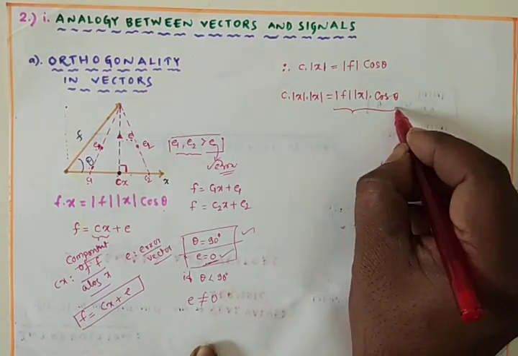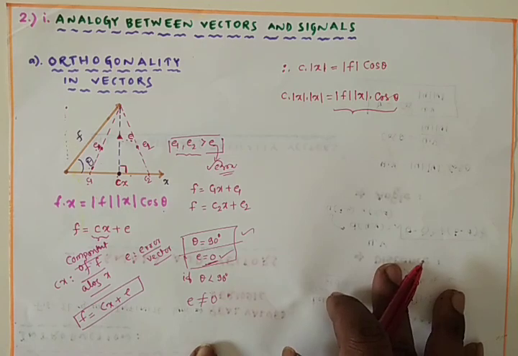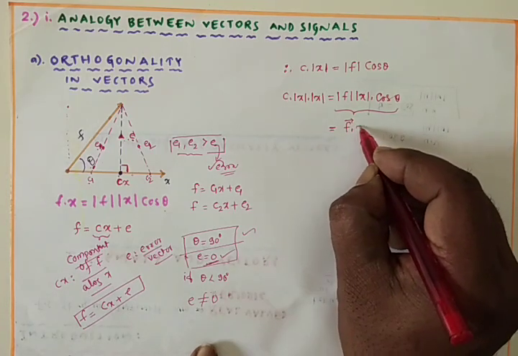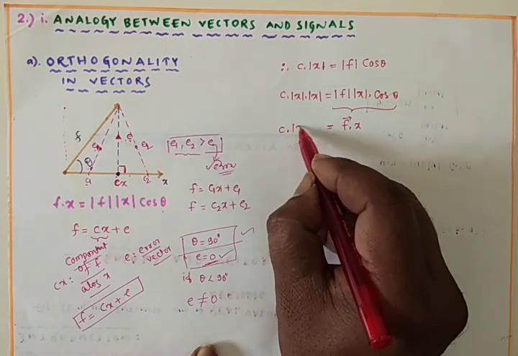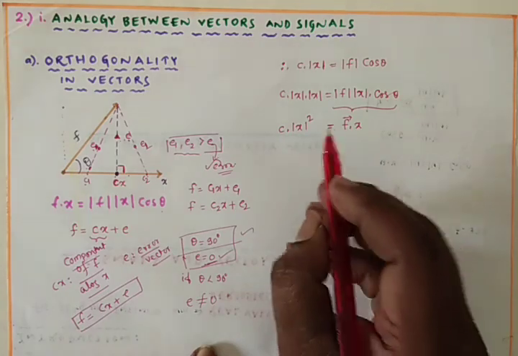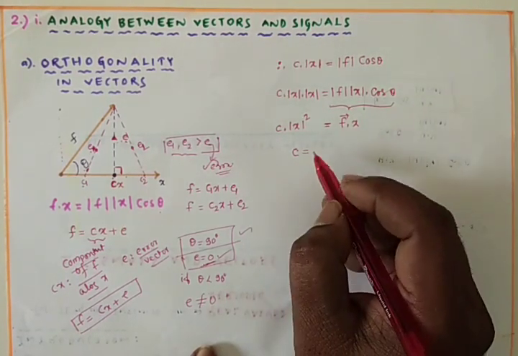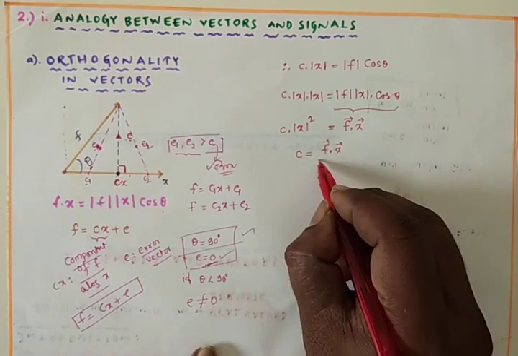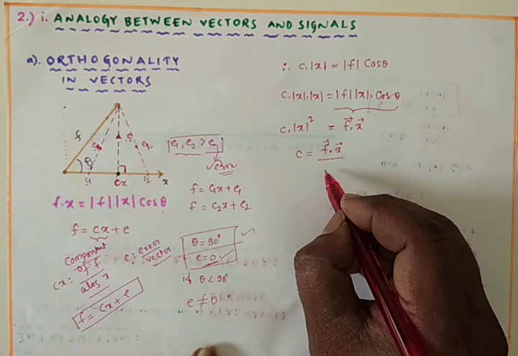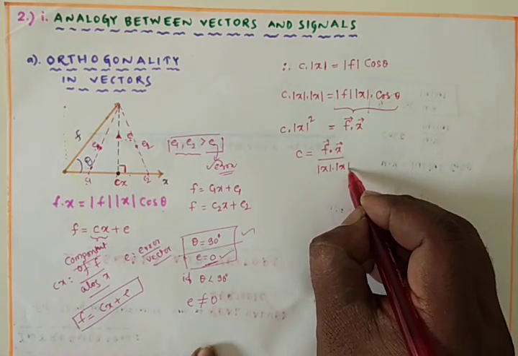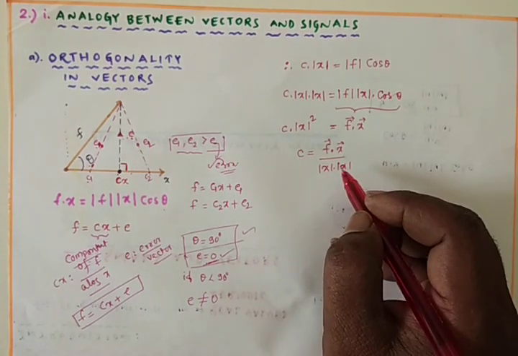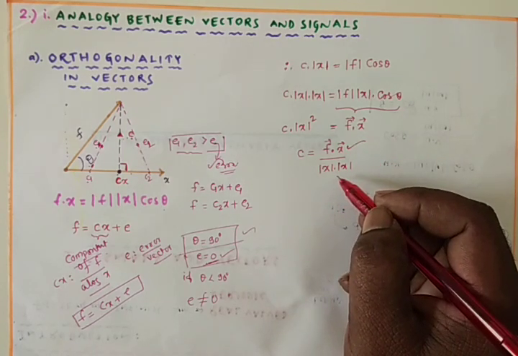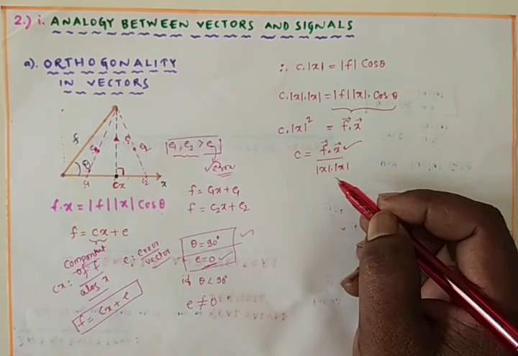This is nothing but the dot product of the two vectors F and X. So the dot product of F and X is C into modulus of X squared. From this we can write C is equal to the dot product of F and X divided by X squared, where X squared is modulus of X into modulus of X. In the above equation, X will not be cancelled, since F dot X and X dot X are vector products.